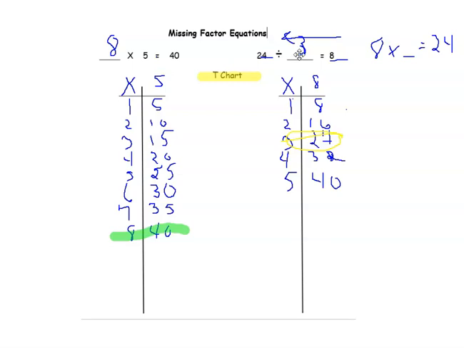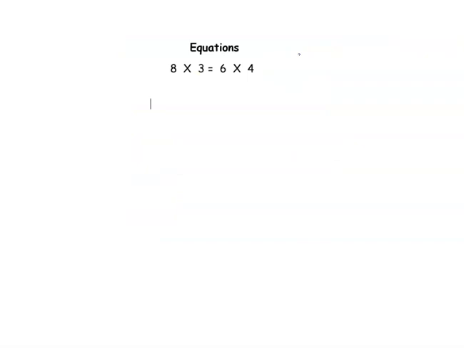Okay, boys and girls, our next example I want to show you is equations or equal equations when you're trying to figure out if 2 facts or number sentences are equal to each other. So you notice on this one you've got your equal sign right in the middle there. They're asking the question, is 8 times 3 equal to 6 times 4?